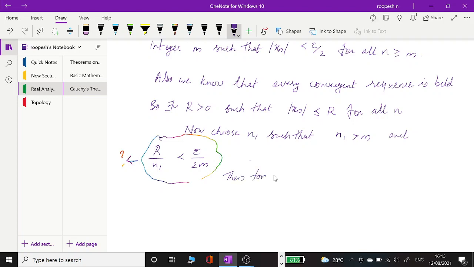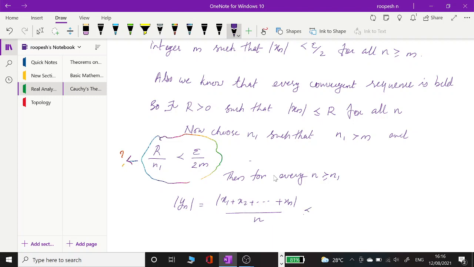Then for every n greater than or equal to n1, modulus of yn equals modulus of (x1 + x2 + ... + xn) by n.